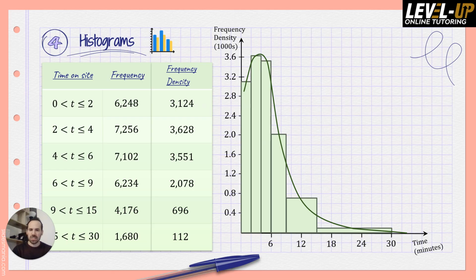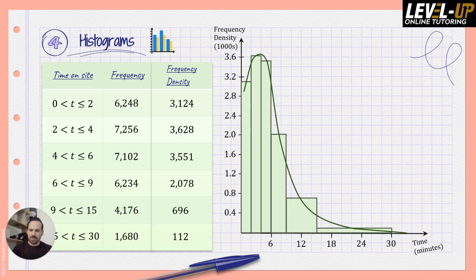We have very few people in the 15 to 30 minute time. And that's what reveals the distribution here, because the area under this curve we have represents the total amount of data.